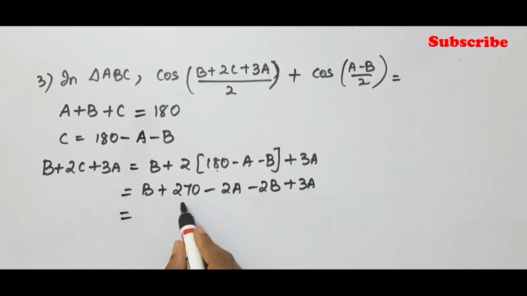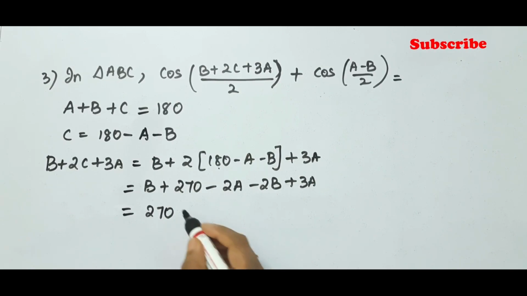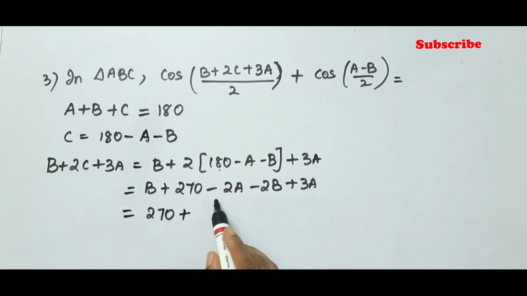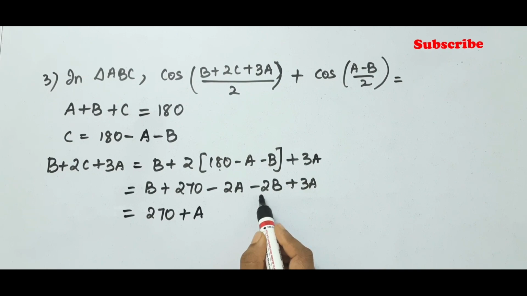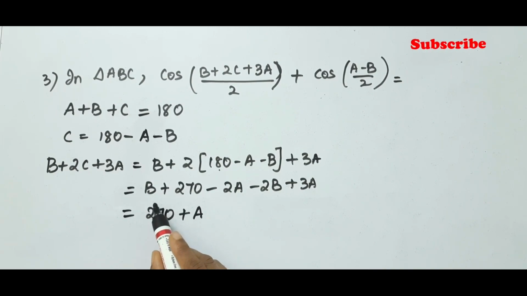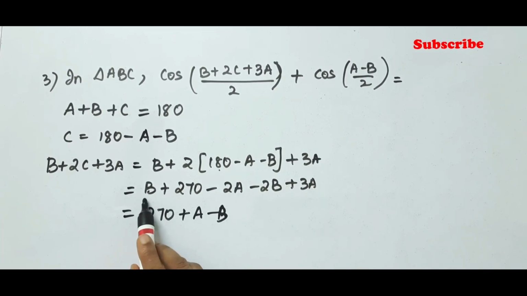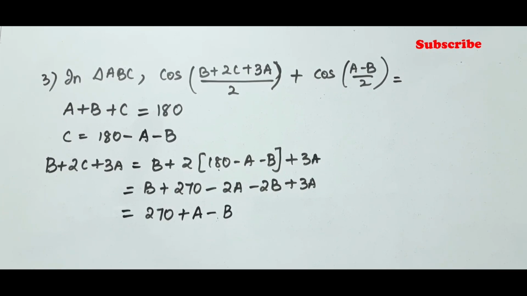So this is equal to 360, then 3A minus 2A will be plus A, and here it is minus 2B plus B, so it will be minus B. Now we got B plus 2C plus 3A, that is, the numerator value, as 360 plus A minus B.